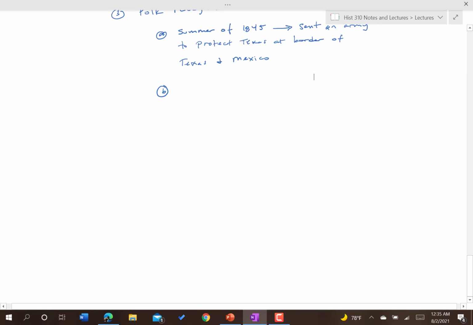That then he could use as justification for seizing control of those territories. What he also did is he sent a commander of the Pacific Fleet to seize California if Mexico declared war.